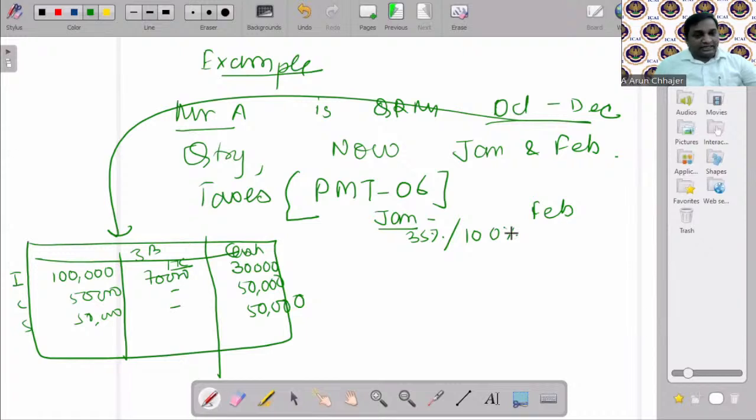Yes, Jamil, absolutely correct. You can calculate in the example and tell me, in this example, should I calculate 35% or should I calculate 100%?